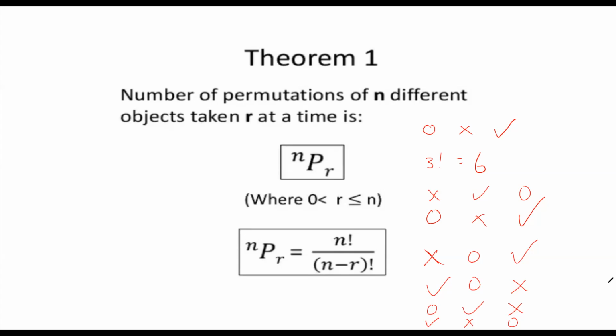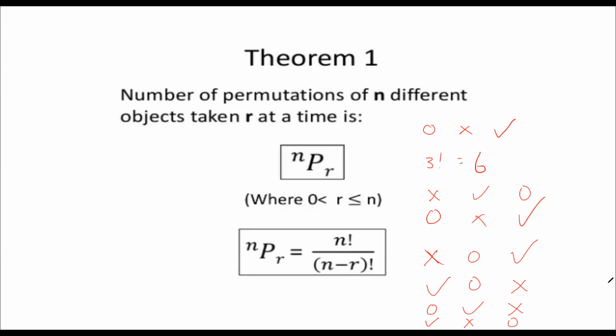But notice, in every one of these arrangements, it's the same 0, x, and star we use. So it's the same combination, but a different arrangement, or a different permutation.